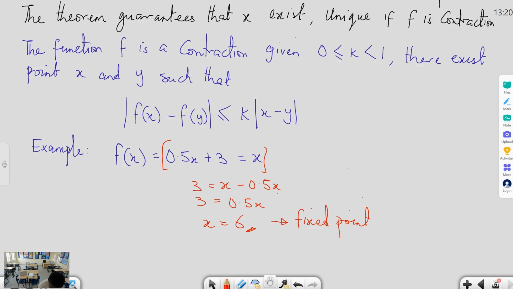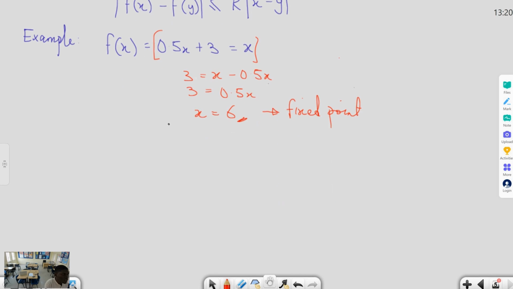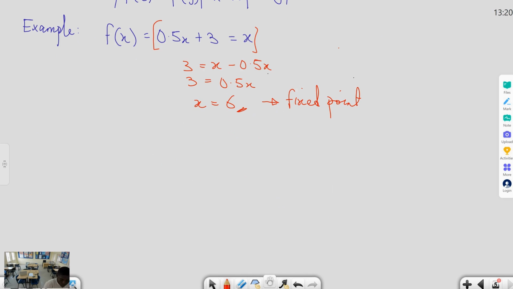Now let us introduce the contractive property. Of course, this function must be contractive before we can accept this as a fixed point. Let's try that.